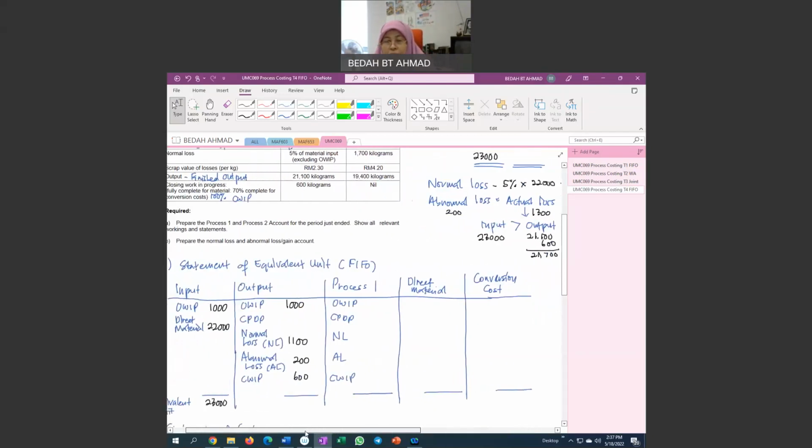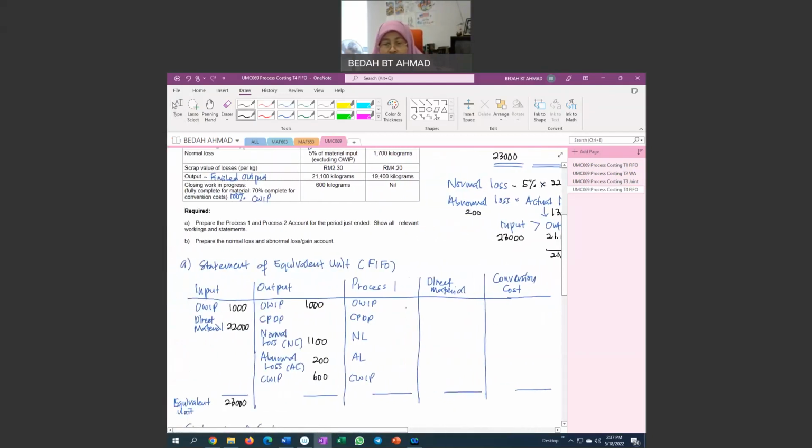So we put it in our table, completed production during the period, 20,100. Added together, the opening work in progress 1,000, the CPDP 20,100, the normal loss 1,100, the abnormal loss 200, and the closing work in progress 600 make 23,000.